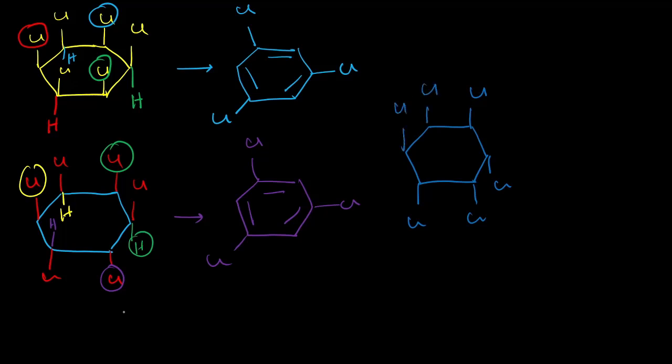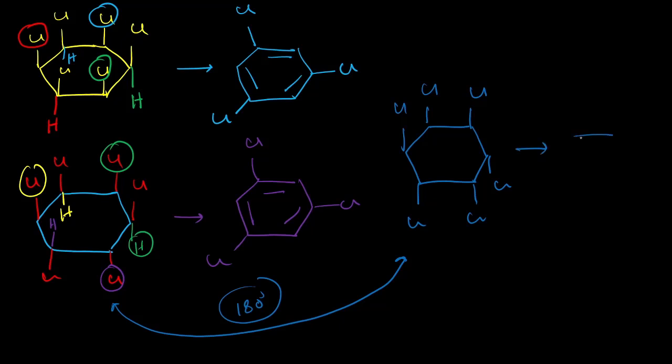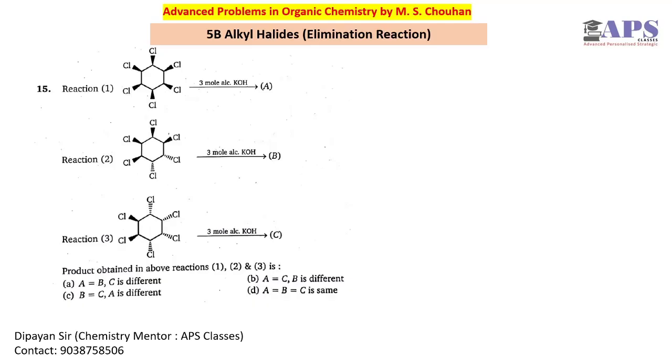These two molecules are identical because if you rotate by 180 degrees, you will end up with the same type of molecule. So in this case also we will have the same product. All of them will give again the same type of product. So A equal to B equal to C.